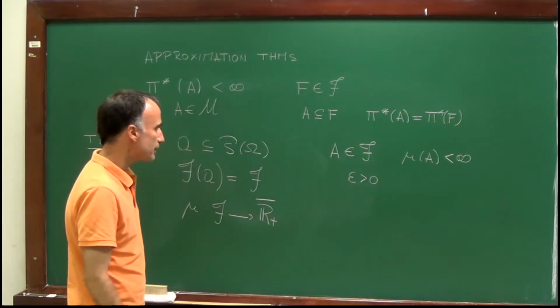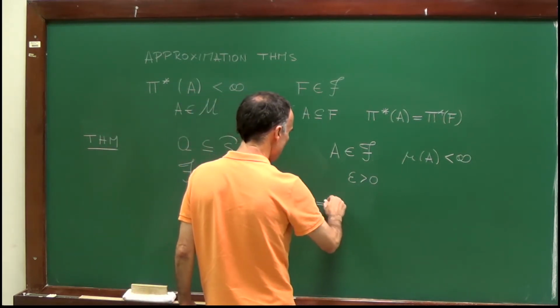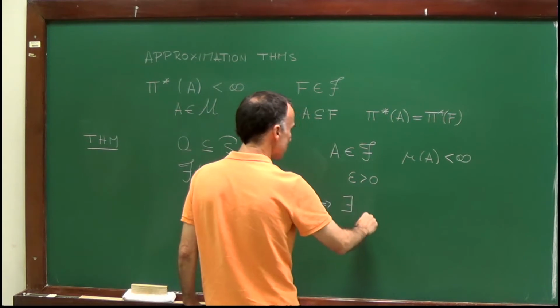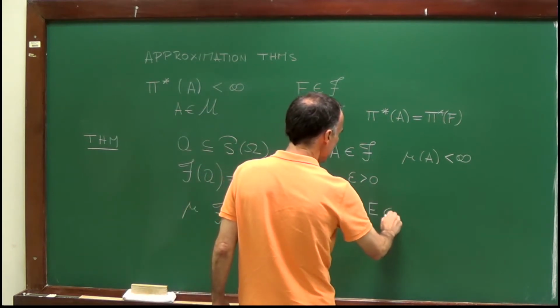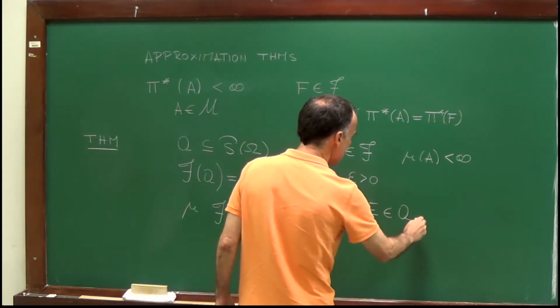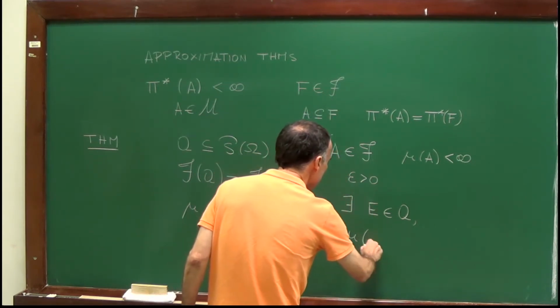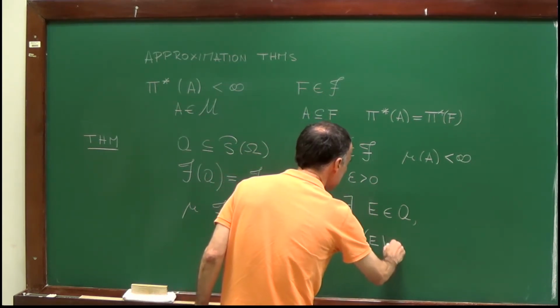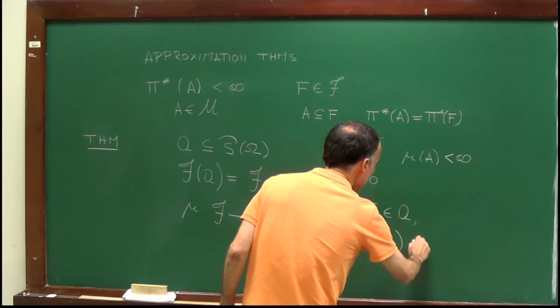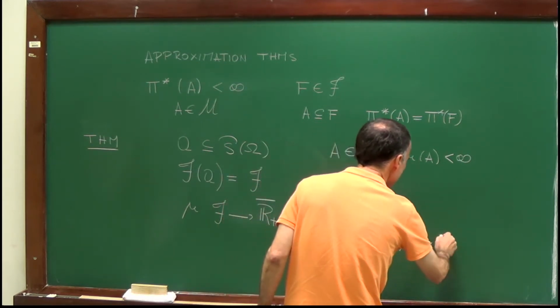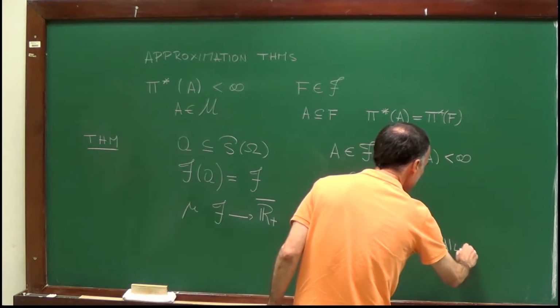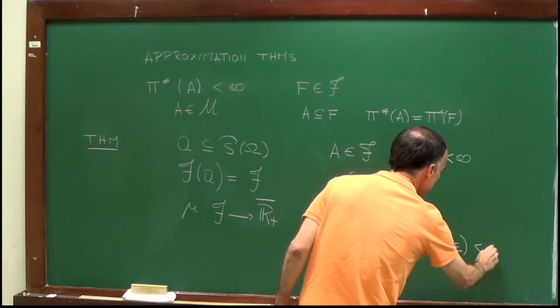Then I claim that there exists a set E in the algebra such that the measure of E minus A plus the measure of A minus E is smaller than epsilon.